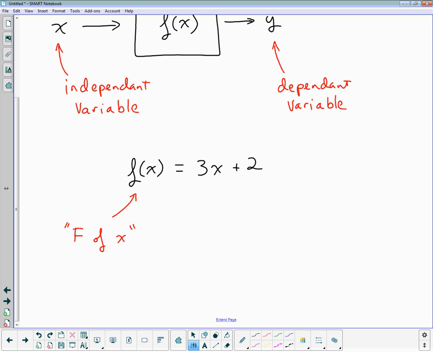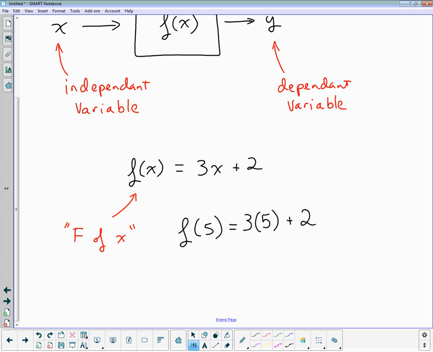If I did this, what that's saying is every time I see an x, I'm going to replace it with a 5. So going back to the original function, it would be 3 times 5 plus 2. You see how I just replaced it? That's all I did.